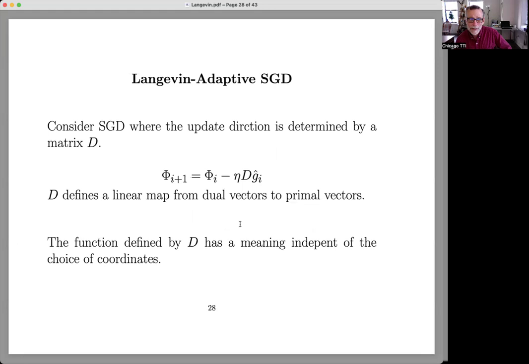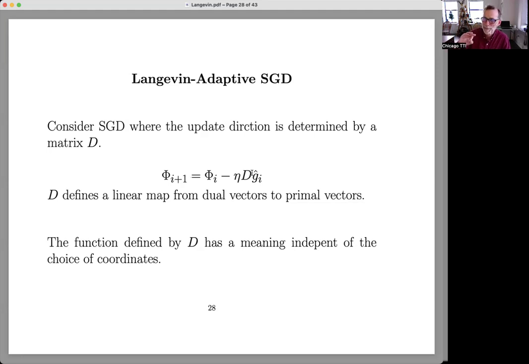However, it is possible, and I'm going to try to go through this very quickly and just show you the bottom line, to derive an algorithm that basically normalizes the covariance matrix. So if instead of just taking eta times the gradient estimate, I introduce a matrix that tries to correct for the fact that we're not getting the same temperature in every coordinate.